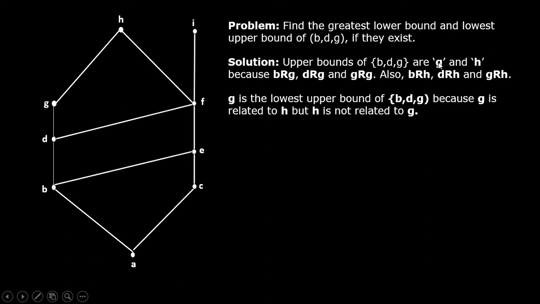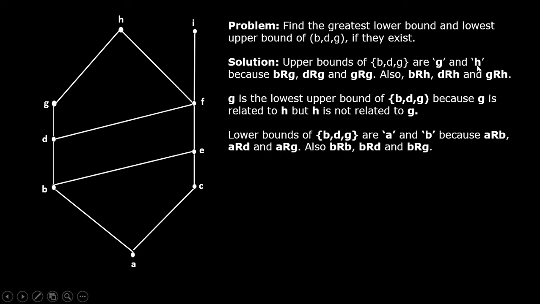So G is one such element which is related to all other elements of the set of upper bounds U. G is related to itself, G is related to H, but H is not related to G. So H cannot be that arbitrary element, but G is one such arbitrary element. So hence the lowest upper bound of BDG is G.